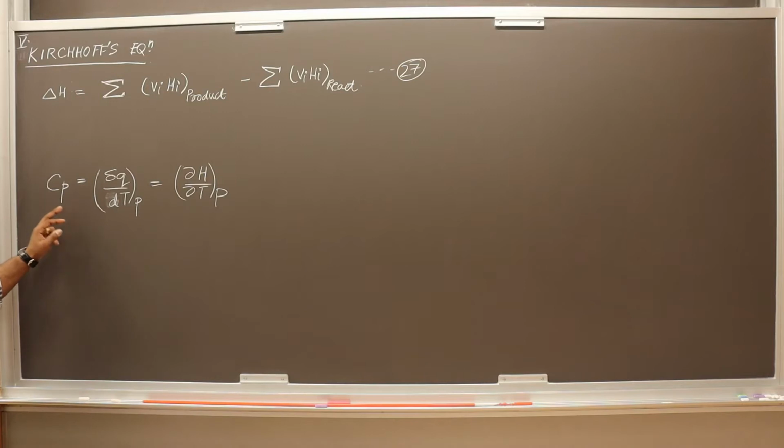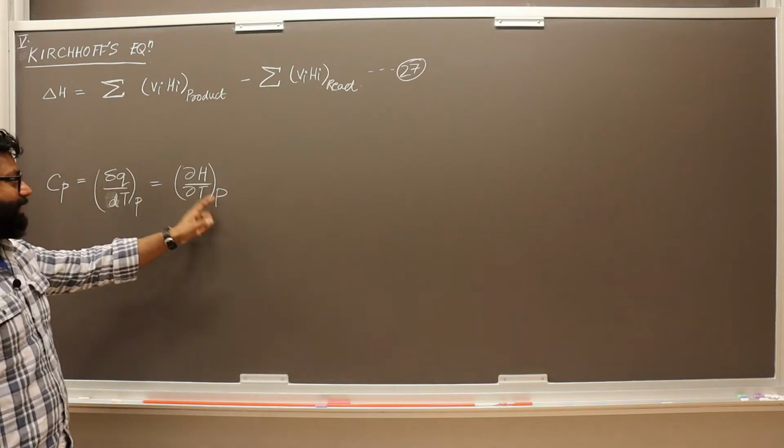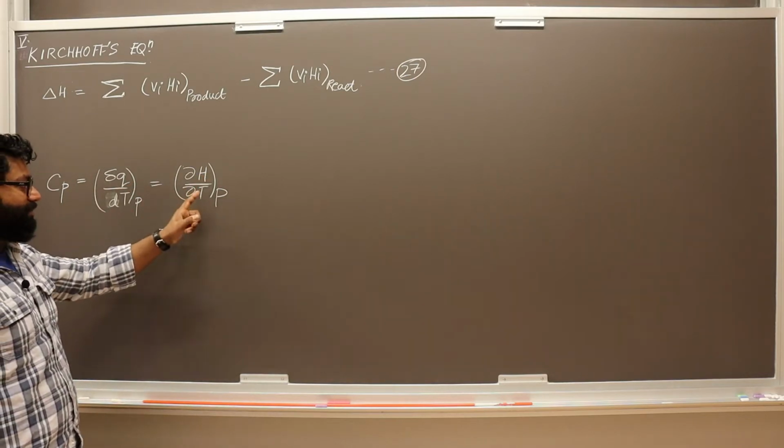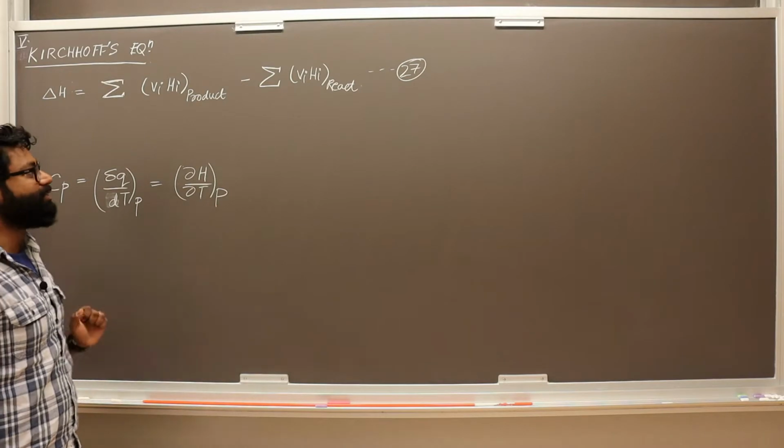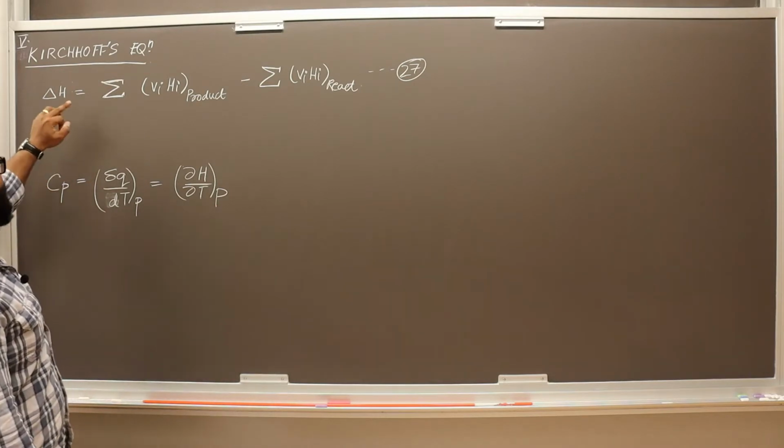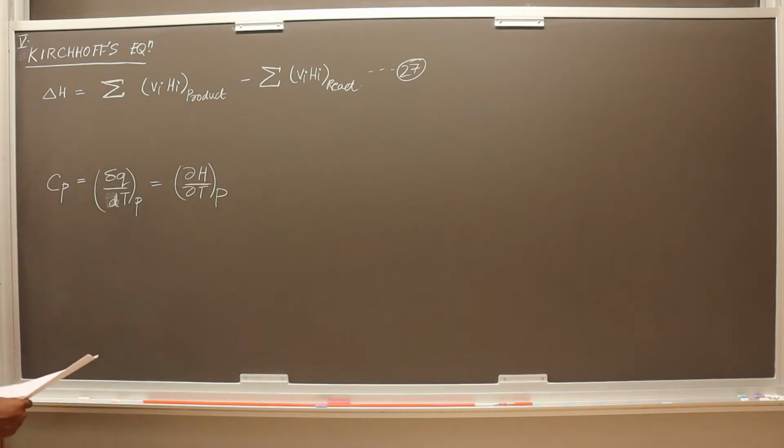Also, when we were discussing specific heat capacity, we understood that Cp is basically del H by del T, the rate of change of enthalpy with temperature at constant pressure. Now, let's differentiate this equation with respect to temperature.